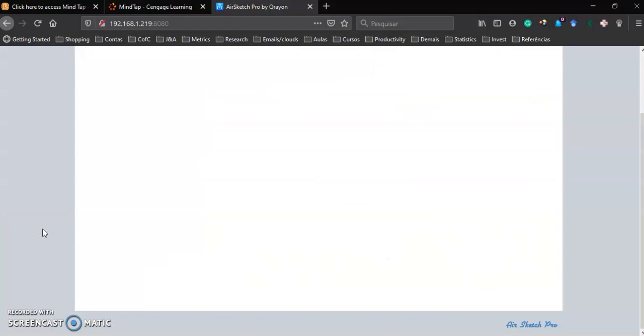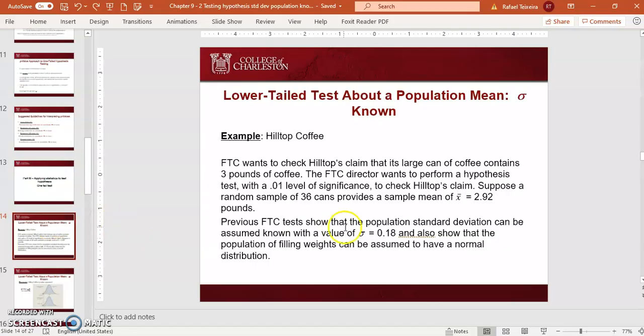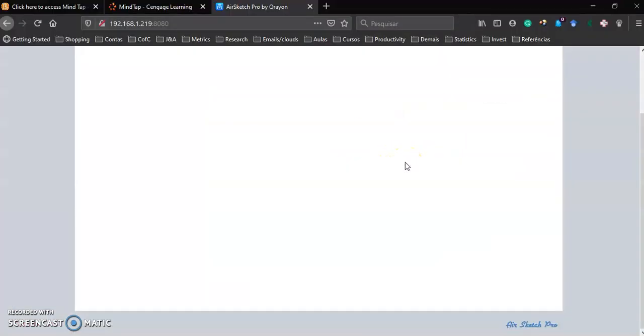Okay, so remember this problem is the hilltop claim. Step number 1, the null is that the mean is higher or equal than 3. The alternative is that this is smaller than 3.